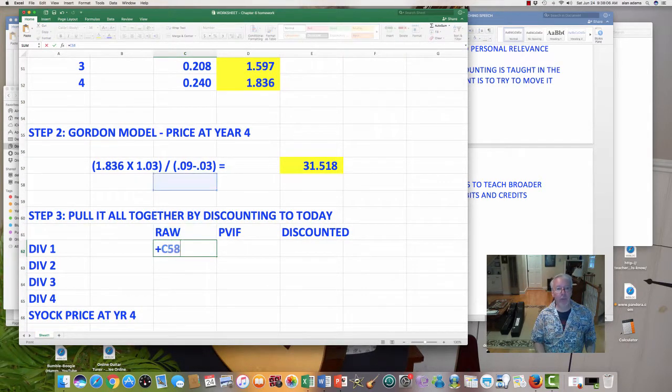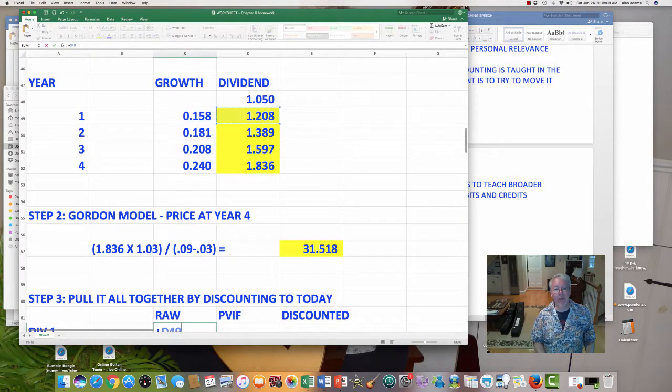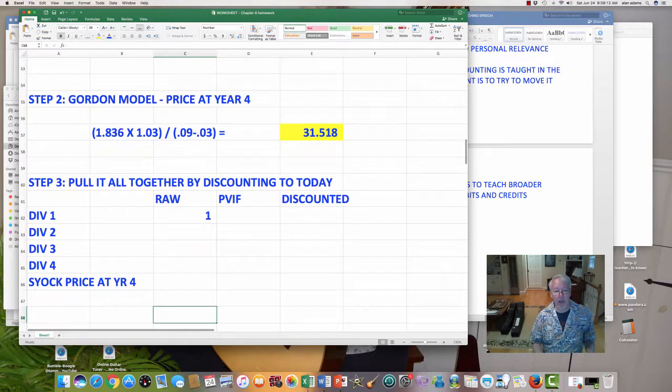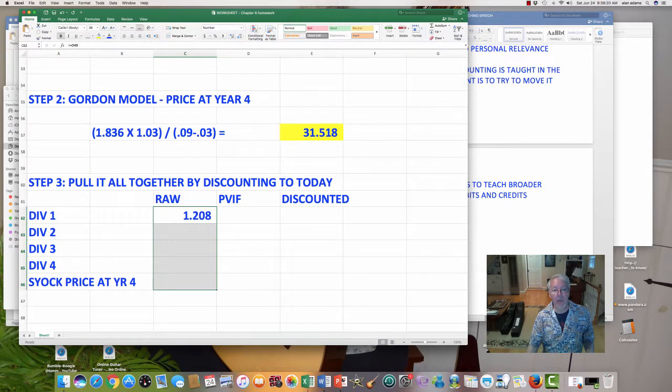Come up to step 1 and grab my year 1 dividend number, 1.208. I'm going to make all of these 3 decimal places. I'm going to make my PVIF 4 decimal places, and my discounted value I will use 2 decimal places.